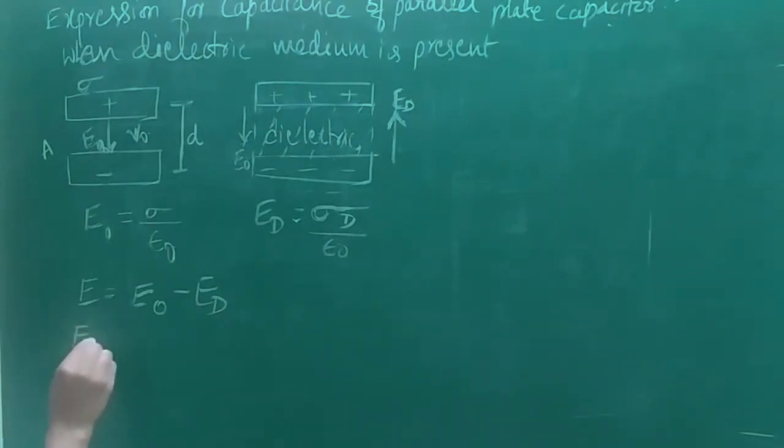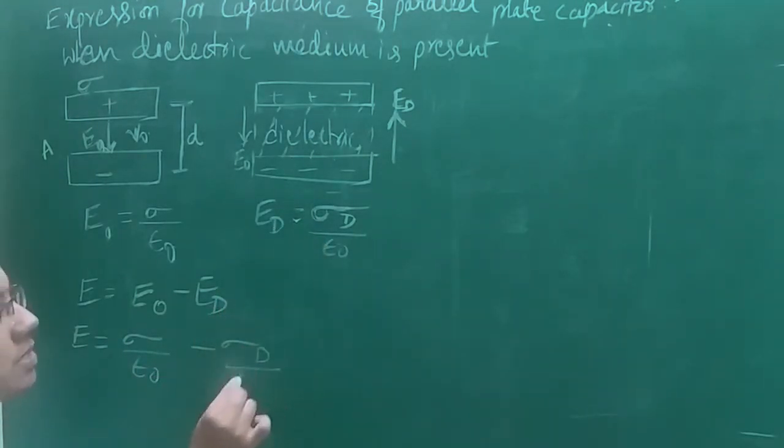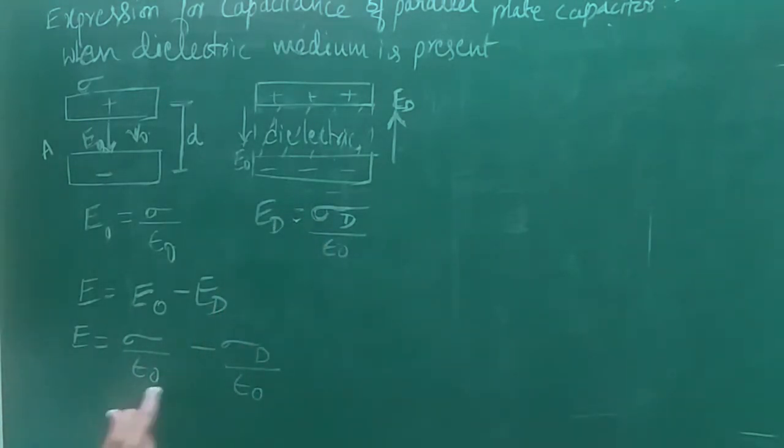E is equal to E0, that is sigma by epsilon naught, minus ED, that is sigma d by epsilon naught. Taking epsilon naught as the common factor, E can be written as sigma minus sigma d, all over epsilon naught. That is, the surface charge density before inserting the dielectric minus the surface charge density of the dielectric.